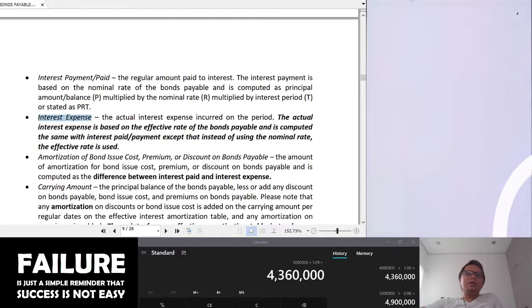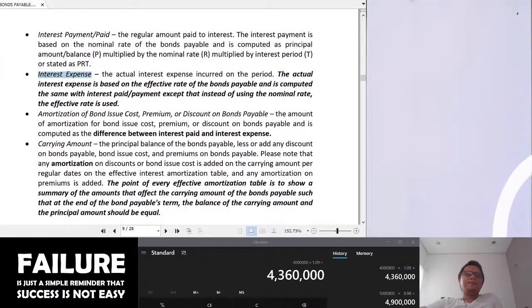The next column na makikita natin sa ating effective interest schedule is yung amortization of the premium or discount or bond issue cost.